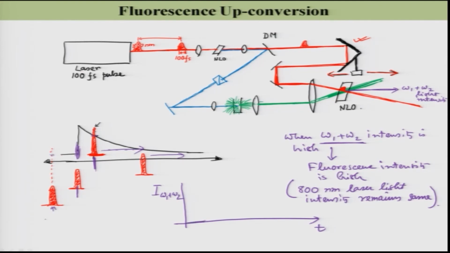When it is over here, the intensity will increase a little bit. When it is over here, the intensity will increase to maximum, then the intensity will decay like that. The intensity profile of this omega 1 plus omega 2 as a function of t, this is my delay time, will be exactly the same as the original fluorescence decay, provided the 800 nanometer light intensity remains the same during your experiment.